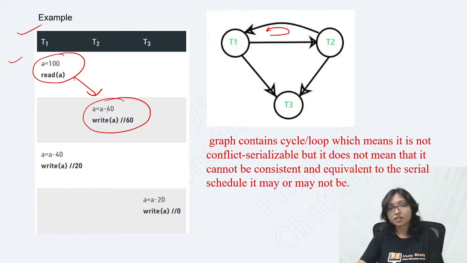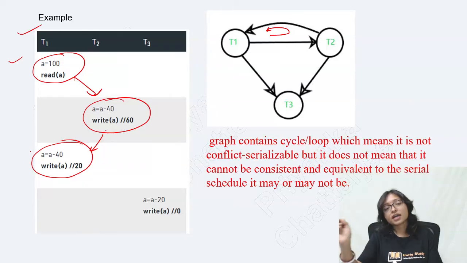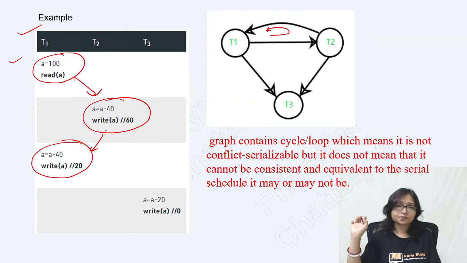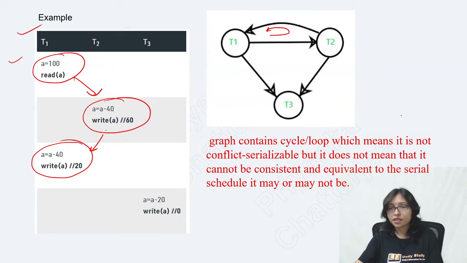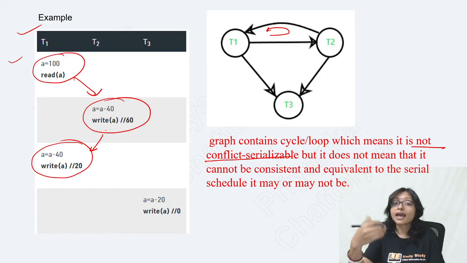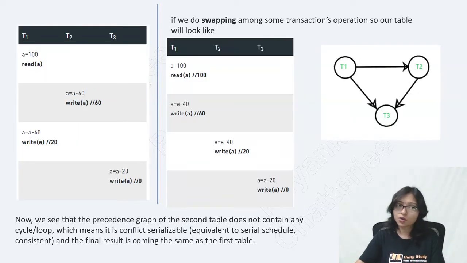So here to here there is an arrow. After that again here is a write operation going on, here is the write. So that's why T1 and T2 are creating a cycle. So I will say it is not conflict serializable, but it can be view serializable. How is it possible? I can do the swapping and I can do it this way.